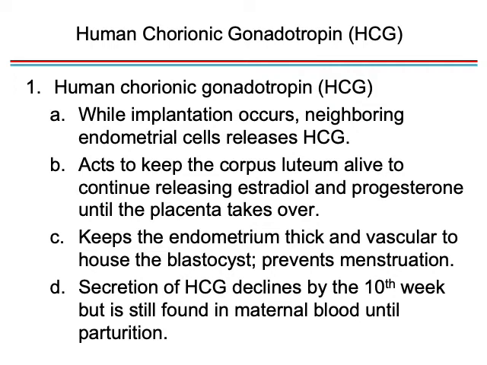Some people think within hours of implantation, the endometrial cells get influenced and begin to produce this good-sized protein known as HCG, human chorionic gonadotropin.